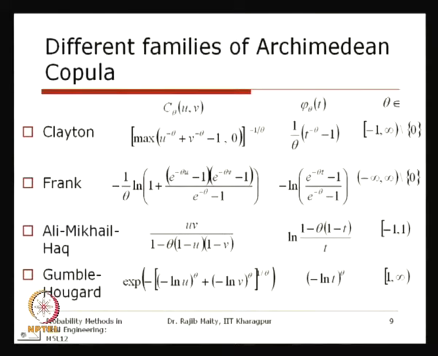The next one, after Clayton and Frank, is the Ali-Mikhail-Haq, and its copula form is uv divided by 1 minus theta times 1 minus u times 1 minus v, and its generator is log natural of 1 minus theta times 1 minus t, divided by t.